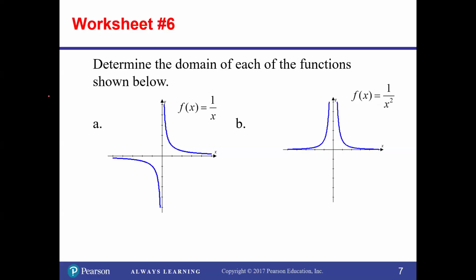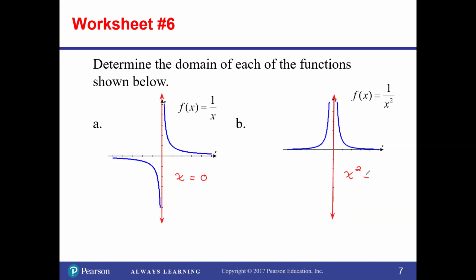So for 6, A and B, you'll notice that both of them don't seem to cross this line at the y-axis, so that's x equals 0, which would make sense because in both cases, if I look at the denominator, I got x, so x equals 0. Well, automatically, if x is 0, that has to be out of my domain.